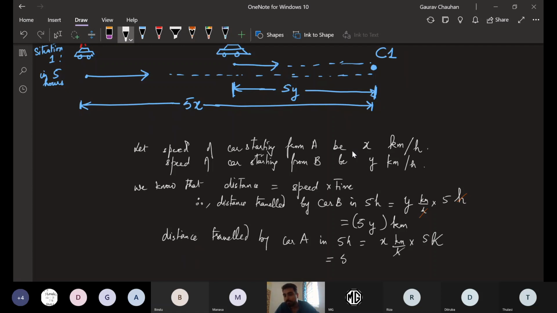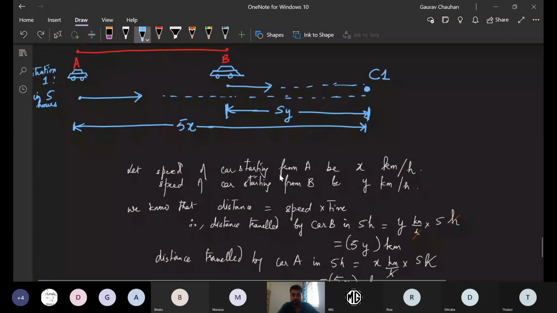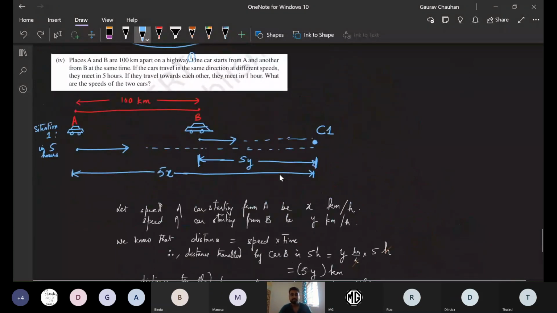That is equal to 5x kilometers. This is that 5x kilometer. Now I want you to look at the diagram. Can someone make one equation from this situation? See the diagram and tell me if anyone is able to make an equation now. I see Deepak raising his hand, MG raising his hand. Go ahead, Deepak.